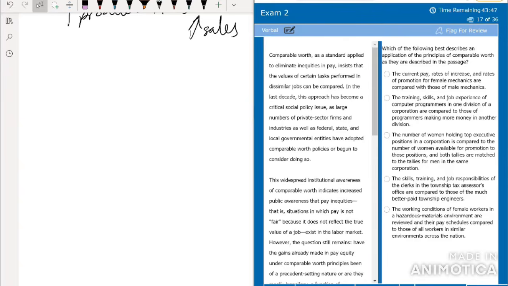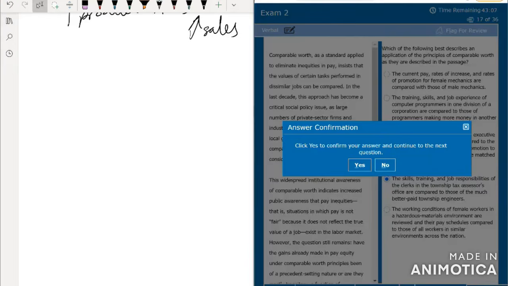Okay, so it's not A. No, it's not really B because they're both computer programmers. It's not about promotion. Okay, D looks right. It's about the skills being compared, I guess, different jobs.